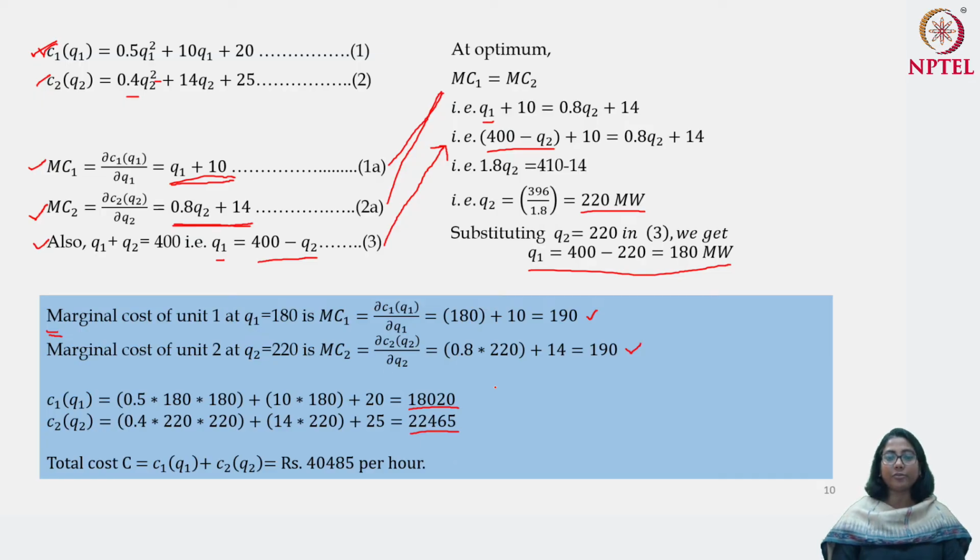You can also check if you want to distribute the generation in an equitable fashion, so both the generating units will produce 200 megawatt, then what is going to be the cost implication? You will find that under merit dispatch as well as under this equal distribution, the total cost of generation of the same amount of power will be higher than this 40,484 per hour.